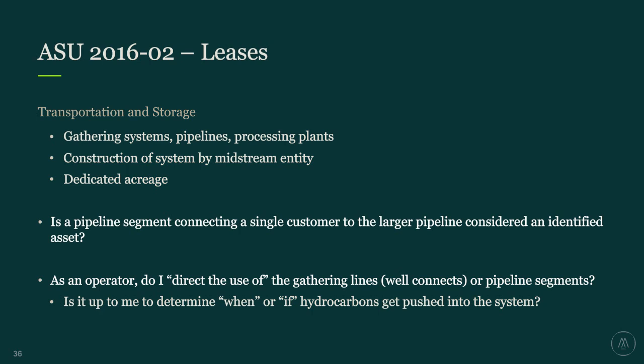In those situations where an E&P is contracted with midstream and is using essentially 100% of the capacity of, let's say, a gas pipeline, we do believe that this will be considered a lease of the pipeline, because they control the inputs and they control what goes in and what comes out.